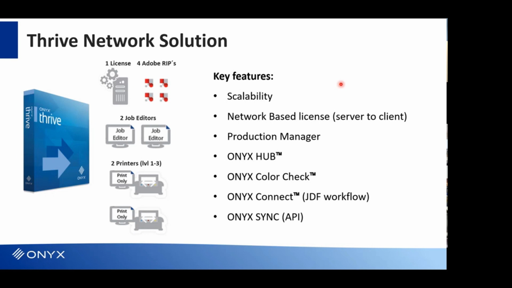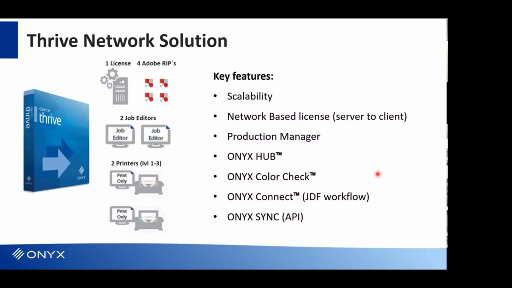There are already 4 RIPs, 2 job editors, and 2 printers level 1 to 3. And for Thrive, we have additional features and functionalities, such as production manager, ONYX Hub, color check, ONYX Connect, which we'll cover in a slide. Plus, for true automation, you can connect ONYX in.